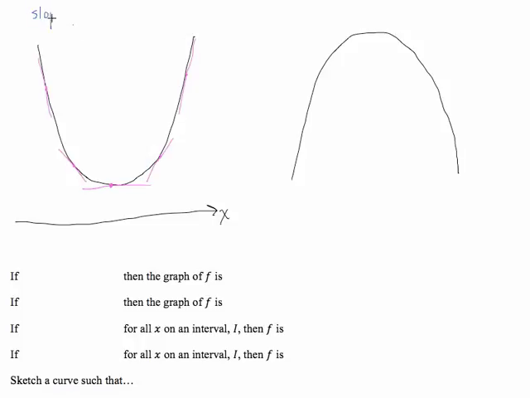Okay, the slope of the tangent line is increasing as we go from left to right. So that means f prime is increasing.